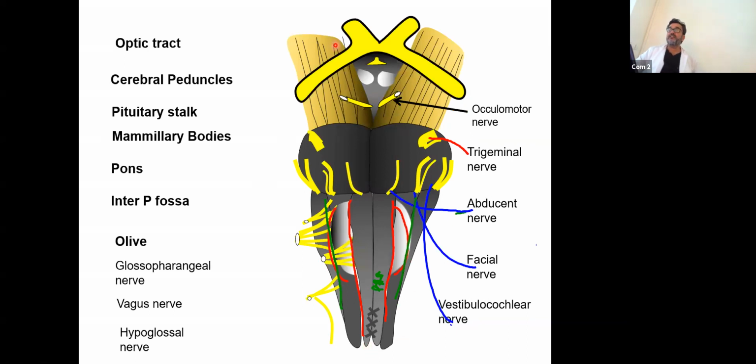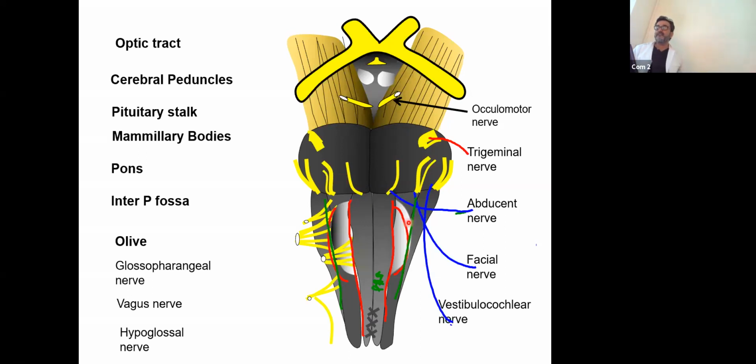If you see the ventral aspect of the brainstem, which is also called the basal aspect because it is lying on top of the base of the skull, the cranial cavity and this ventral aspect which you are seeing here are lying over the base of the skull. So it is sometimes also called the basilar part.